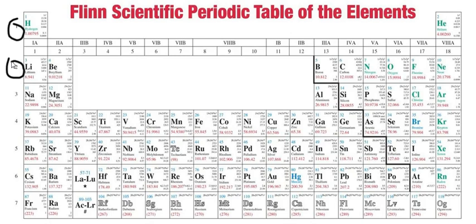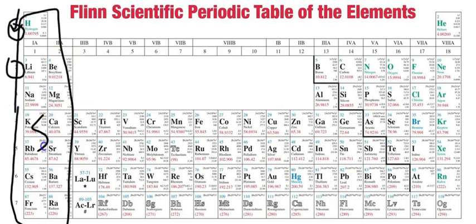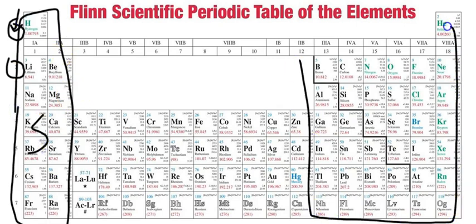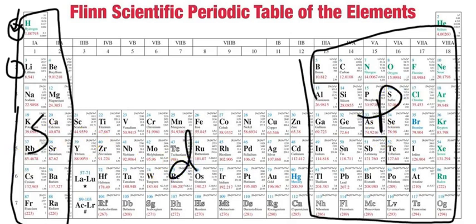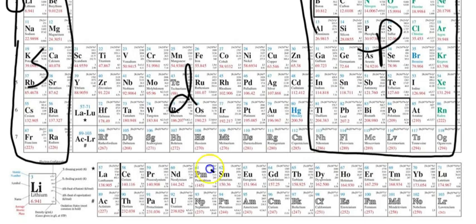Electron configuration is like an address. How do I describe where the electrons go? These are my energy shells, 1, 2, 3, 4, 5, 6, 7. These are my orbitals. This is where the S is, this is where the P is, this is where the D is, and let me scooch it down, this is where our Fs are.